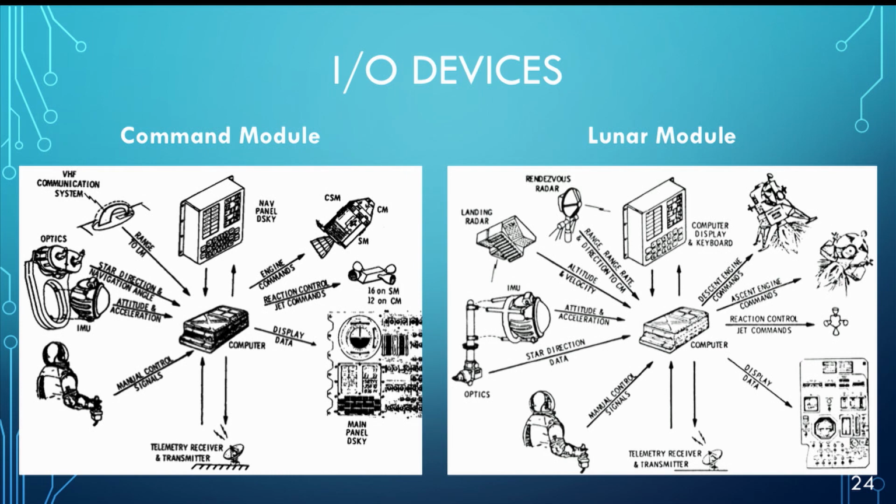So the I/O devices in many cases were different between the two systems, but a lot of them were the same. So for example, the actual display and keyboard, which you see me wearing here, that was basically the same in both systems.